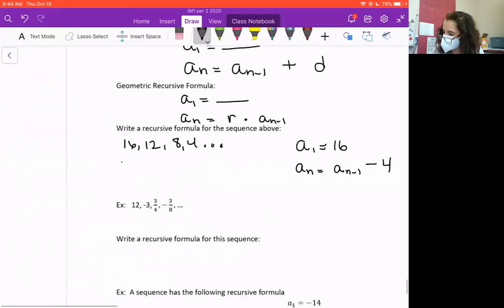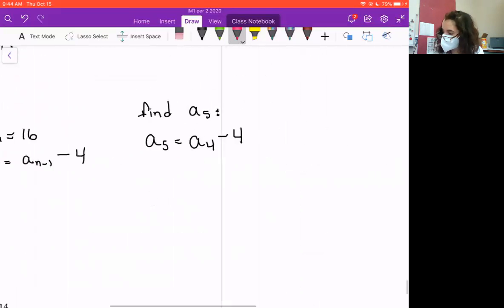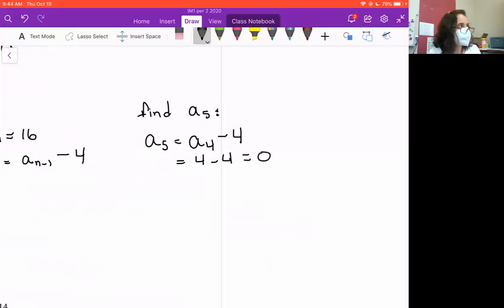And then I go back to my sequence and I'm like, oh, wait a minute. There's A sub 4 right there. Okay, that's A sub 4. So I'm going to take A sub 4, which is 4, and I'm going to subtract 4. So how do I find A sub 5? I take my fourth term and I subtract 4. So I know that my fifth term is 0.